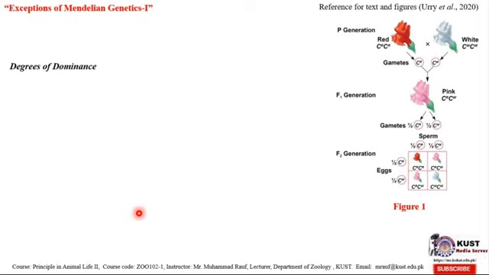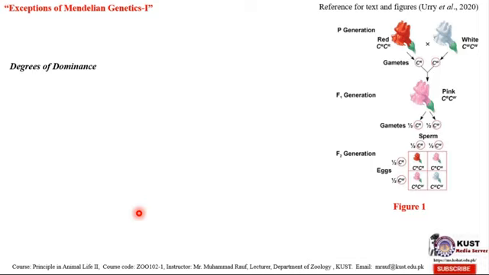Here we will discuss such crosses which do not obey typical Mendelian genetics and which are controlled by only a single gene. Remember that some traits are polygenic in nature. They are controlled by more than one gene, like skin color.